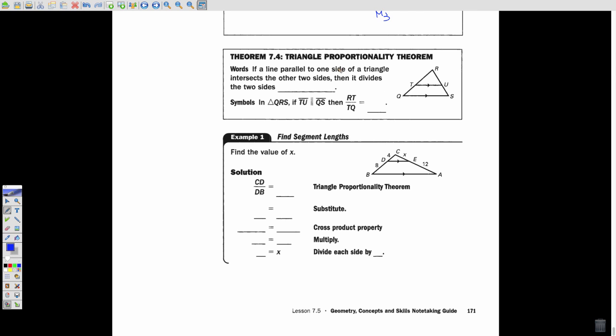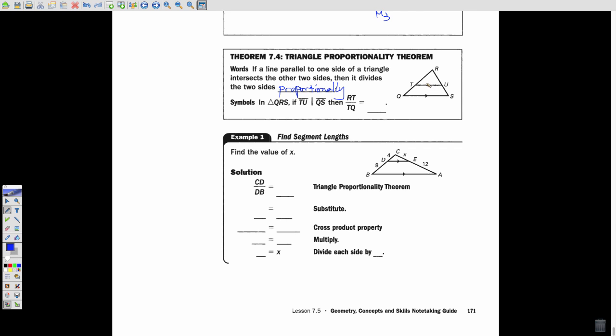So let's look at this theorem, the triangle proportionality theorem. It says if a line parallel to one side of a triangle intersects the other two sides, then it divides the two sides proportionally. That's very wordy, so let's look at this example here.